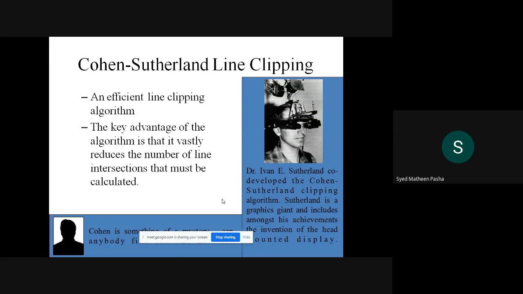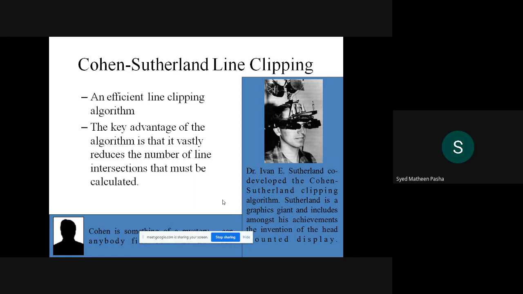Remember this, as this is a specific algorithm, there is a specific condition for this. It divides the space into 9 regions, and then efficiently determines the lines and portions of that line which are visible in the central region which you want.